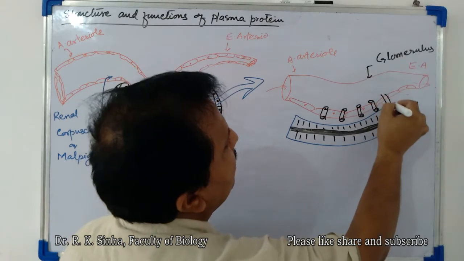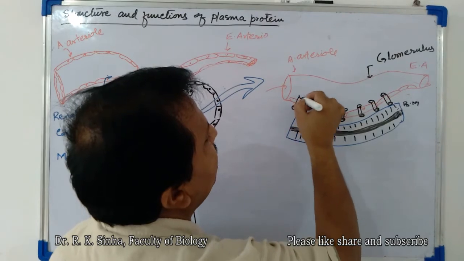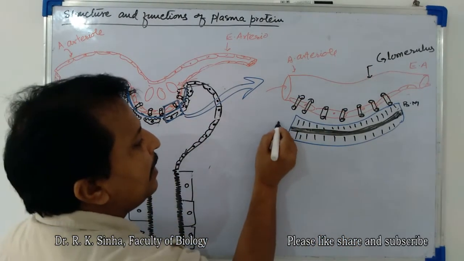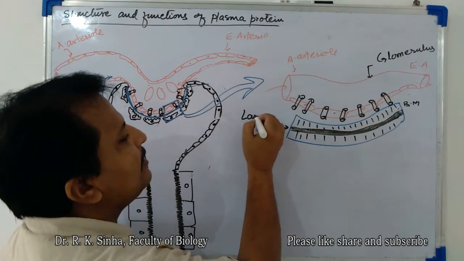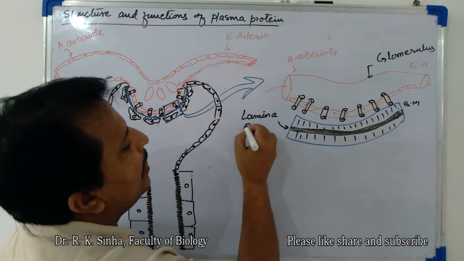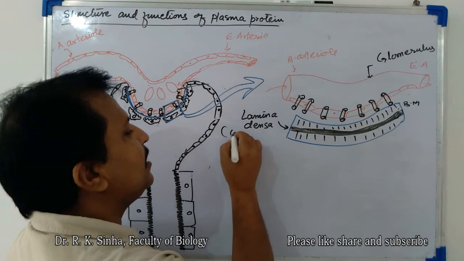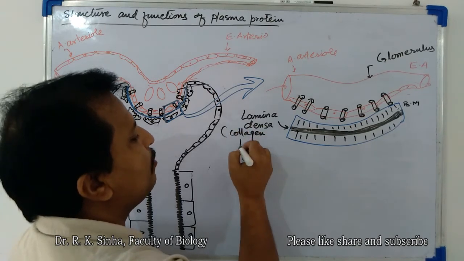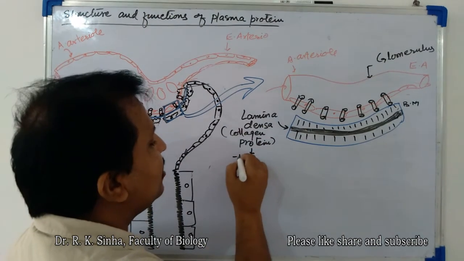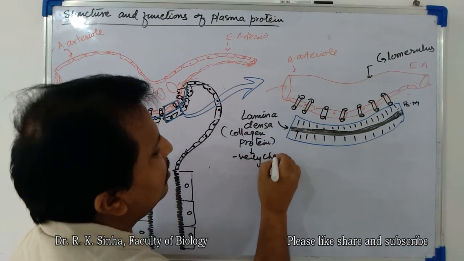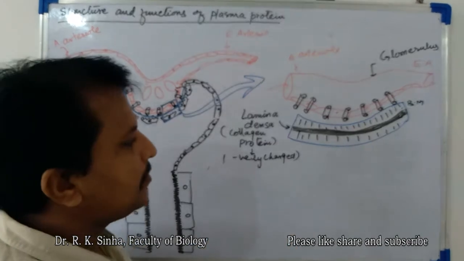This is the basement membrane, and the thickest layer of this basement membrane is the lamina densa. It is made up of collagen protein, and this protein is also negatively charged.